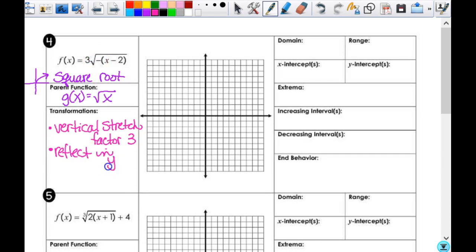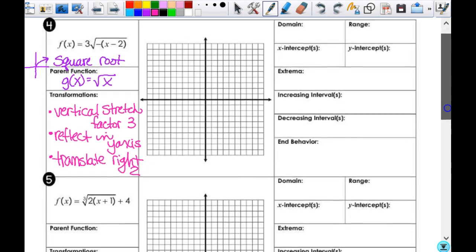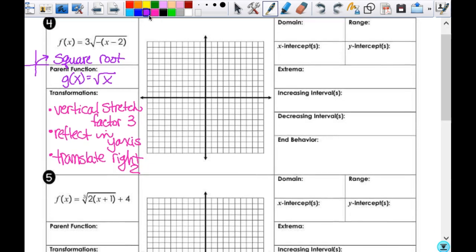Good. Okay, so I'm done with all my multiplication. I've got my 3 and my negative sign. If you have this stuff, you can graph from parent functions. If you're comfortable with your anchor up here, start there.